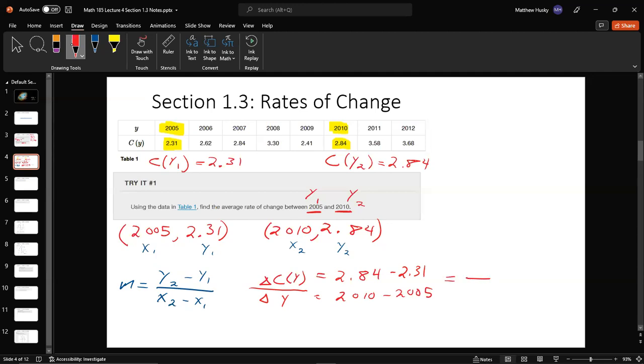The bottom is just going to be 5 because that's 2010 minus 2005. Let's find out what 2.84 minus 2.31 is. That is 0.53. And then we can do 0.53 and divide it by 5. And if you do that, you will get 0.106. And so basically the rate of change is 0.106 each year. That would be the answer.